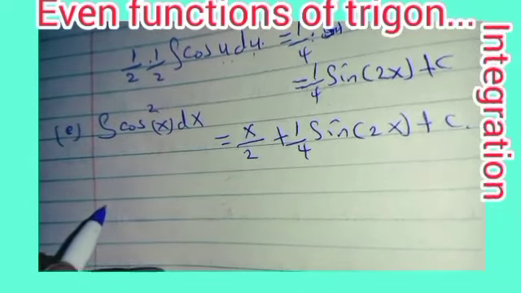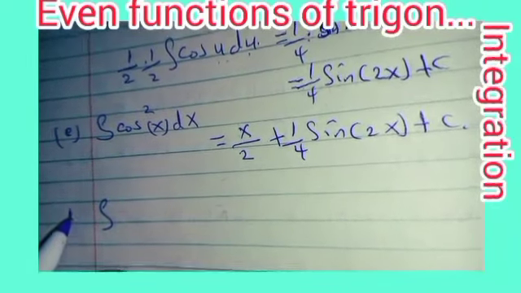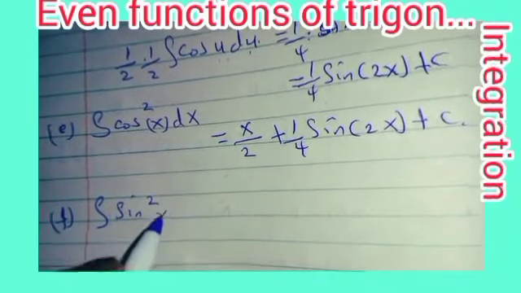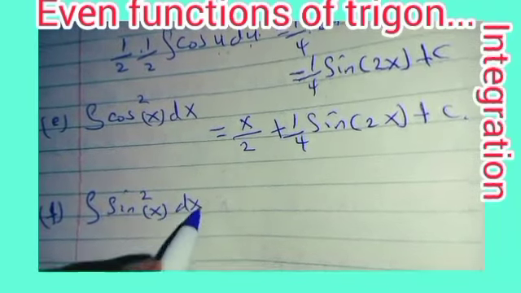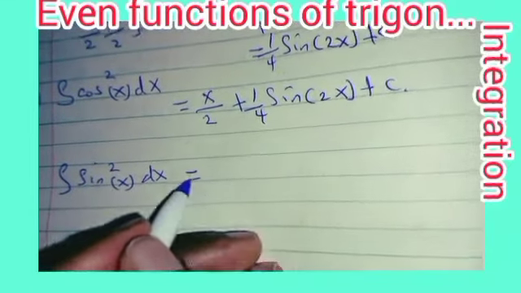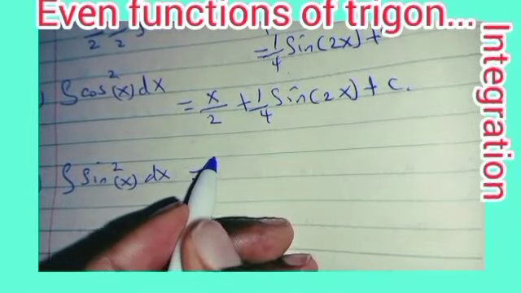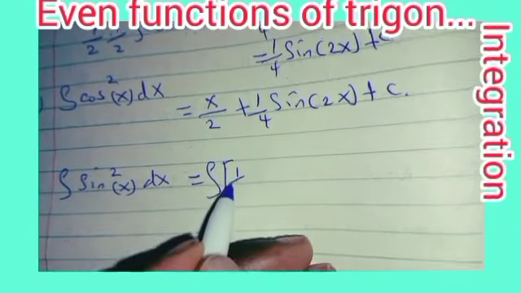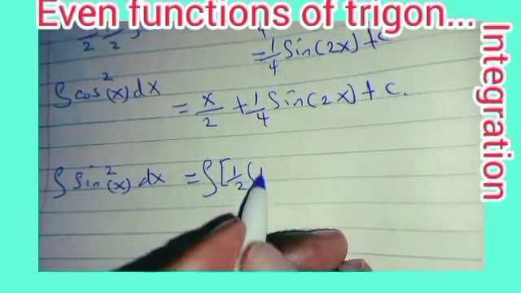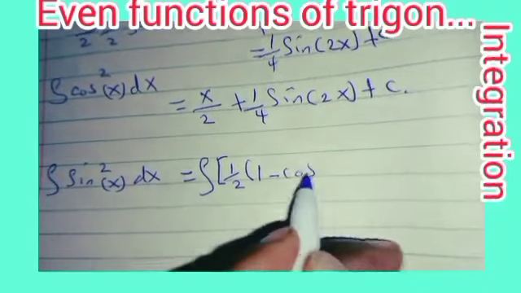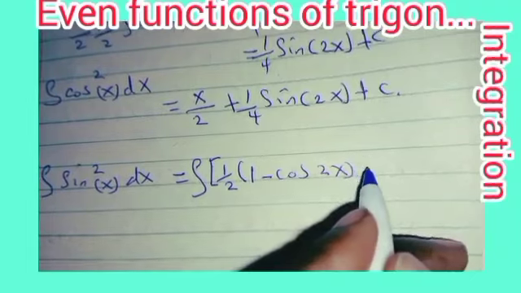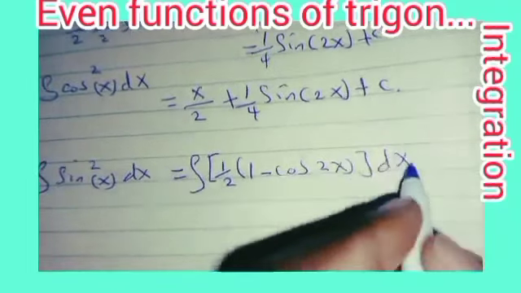F, you are going to integrate sine squared x dx, which is equal to, we make use of this identity, integral of half into bracket 1 minus cos of 2x dx.